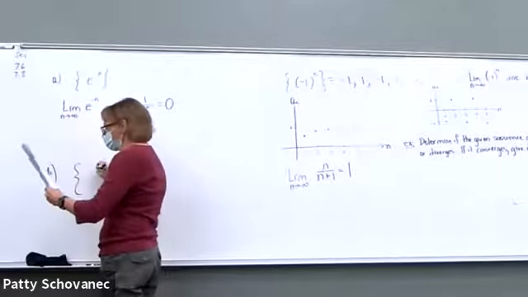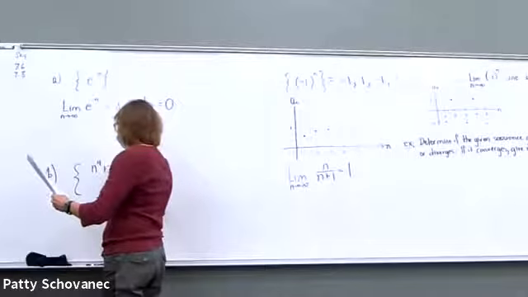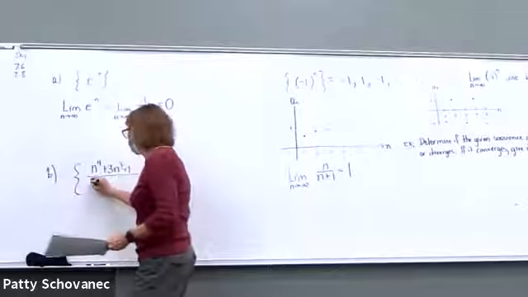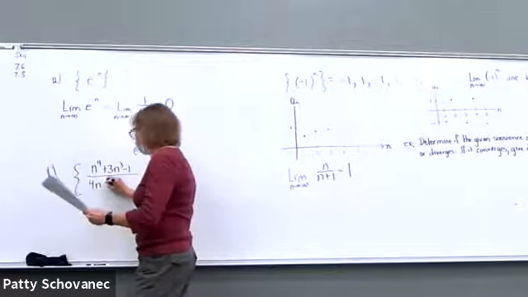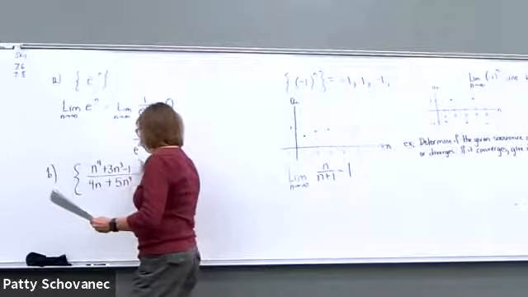The sequence's general term is n to the fourth plus 3n cubed minus 1 divided by 4n plus 5n to the fourth.